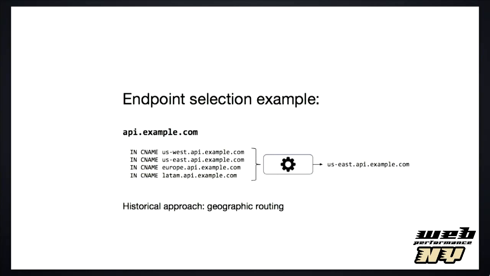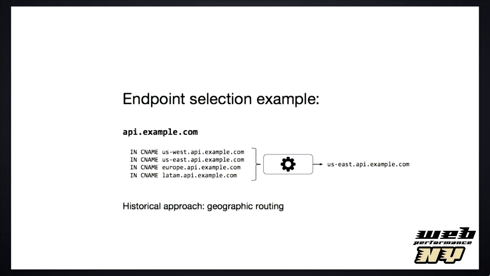So let me see, how far in here are we? Getting close, almost done. So we're going to talk about a very quick example here, an endpoint selection example, and we're going to use an API as the example, in this case api.example.com. And suppose we've actually got active everywhere infrastructure in a few different markets, right?